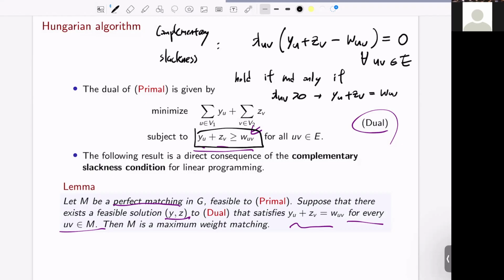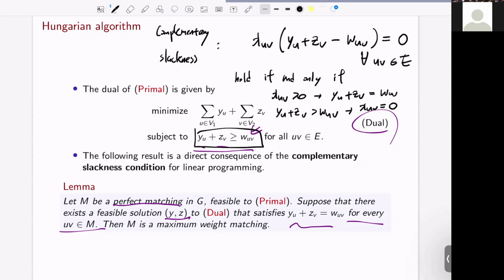And also, if there's an edge that satisfies the constraint from the dual with a positive slack, then you cannot use the edge in your matching. Okay, so this is the complementary slackness condition.